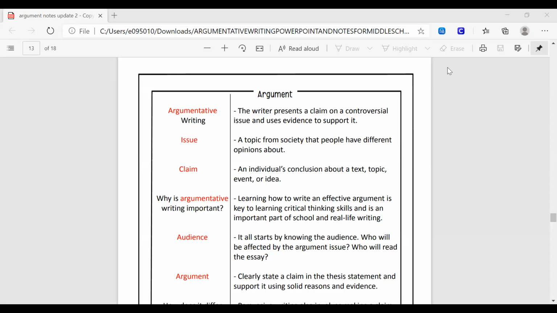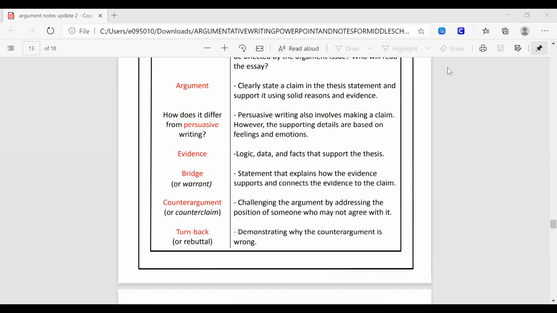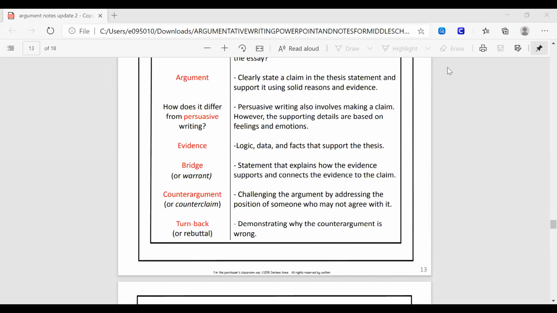Then our next word is argument. An argument is when you clearly state a claim in the thesis statement and support it using solid reasons and evidence. And then our next word is persuasive. How does it differ from persuasive writing?